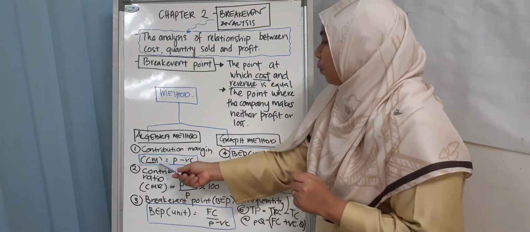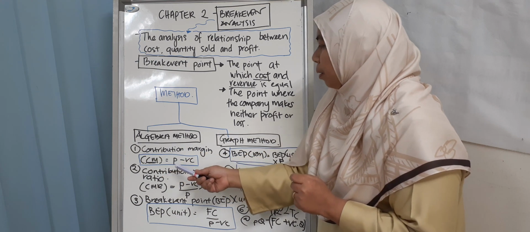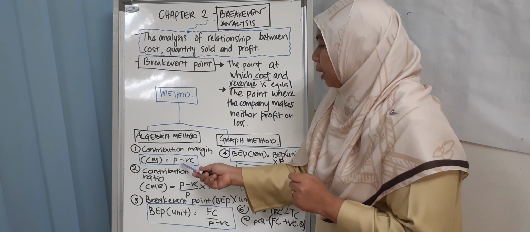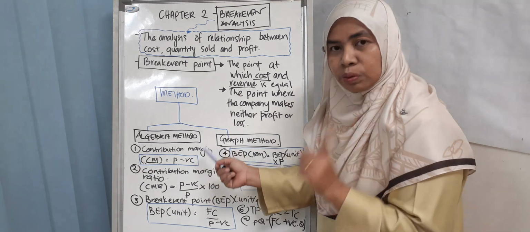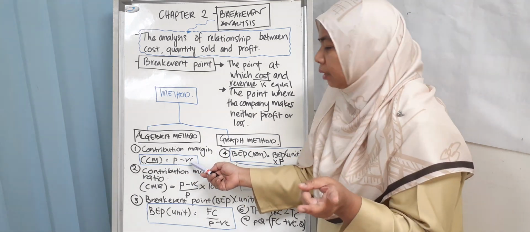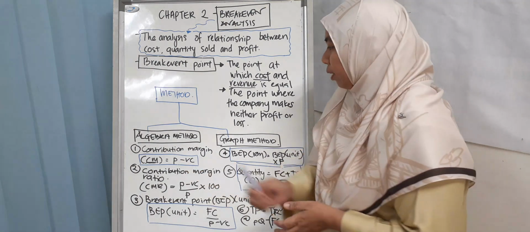So contribution margin, CM, is P minus VC, price minus variable cost per unit. Let's say price is 2 ringgit and variable cost is 1 ringgit, so 2 ringgit minus 1 ringgit is 1 ringgit.